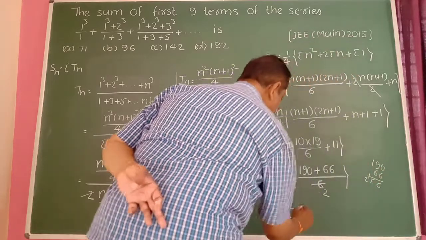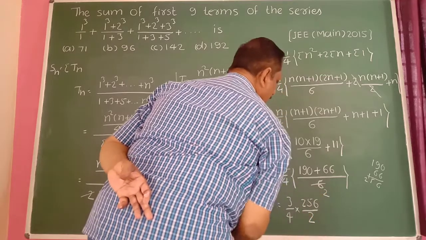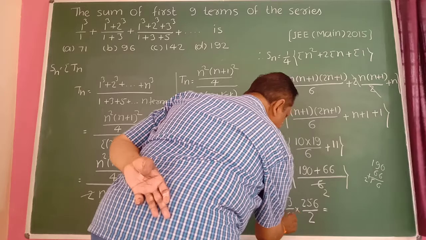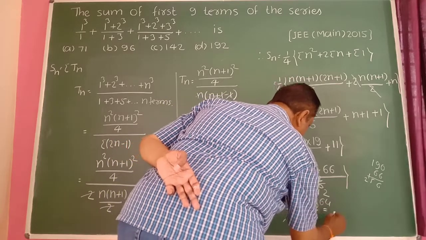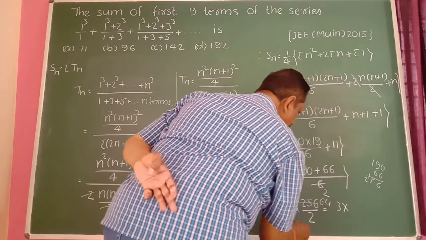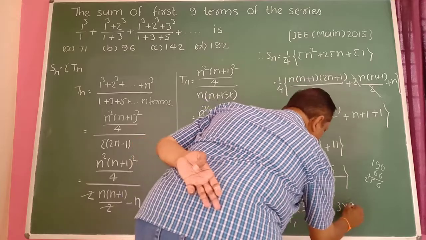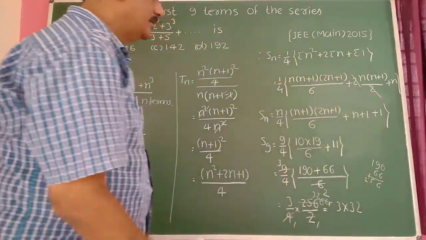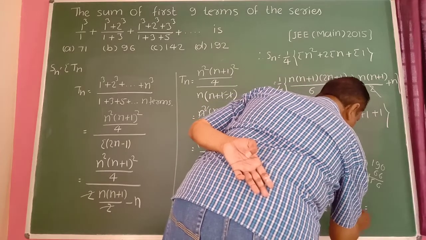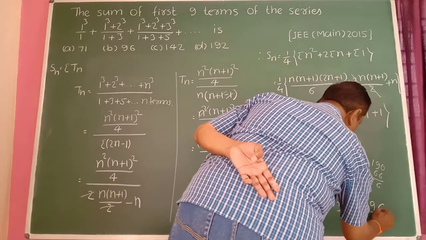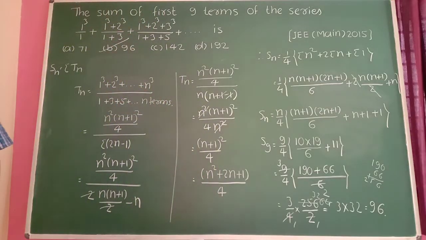So 256. 256 divided by 4 is 64. Therefore 3 into 32 becomes, 3 threes are 9, 3 twos are 6, it is 96. So 96 is the answer.